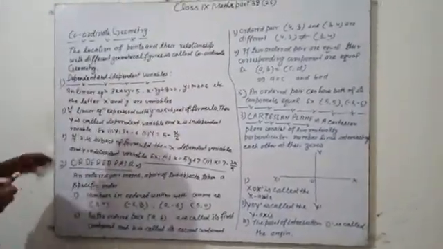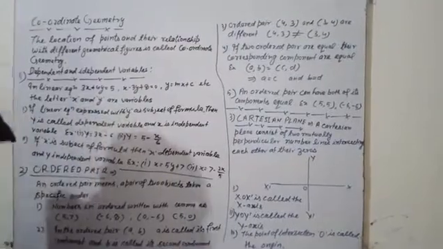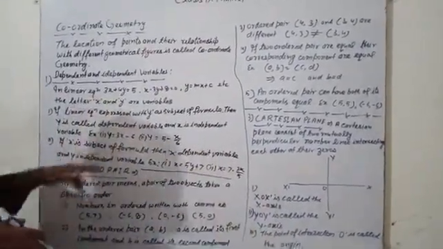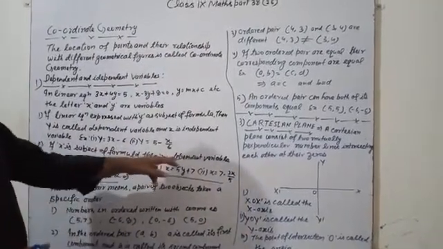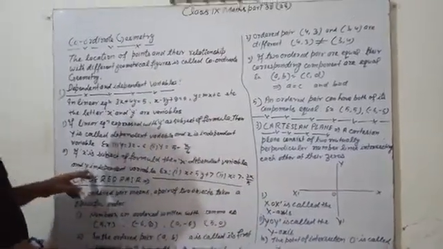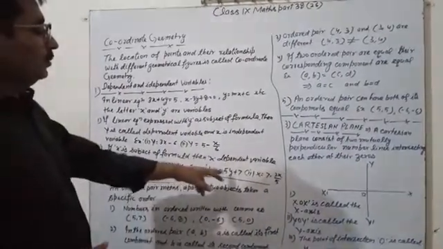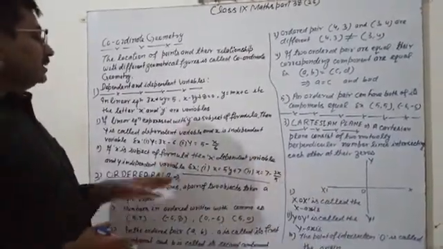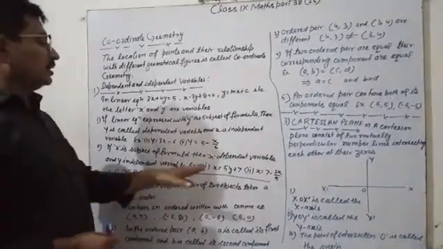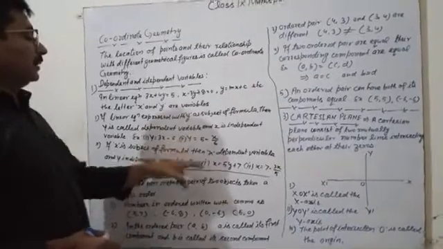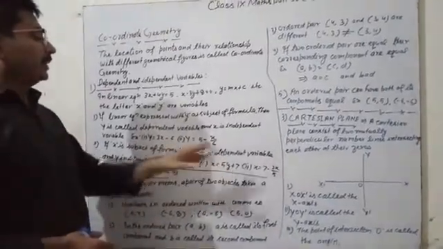If x is the subject of the formula, then x is the dependent variable and y is the independent variable. For example, x equal to 5y plus 7, x is the subject of this formula, so it is a dependent variable and y is the independent variable.